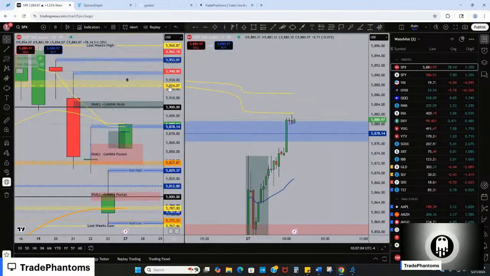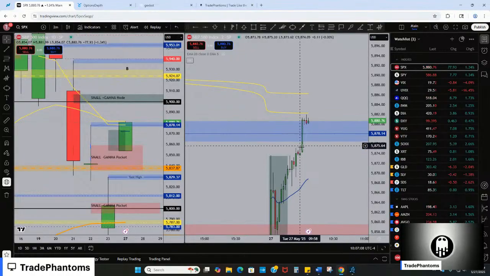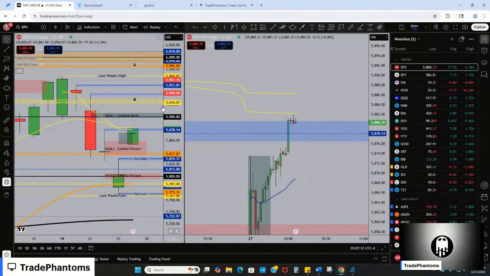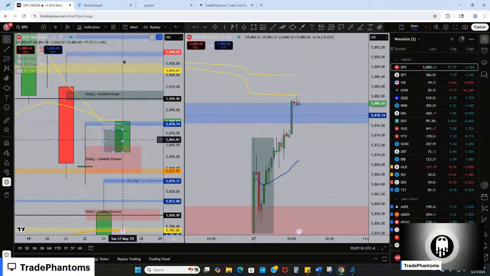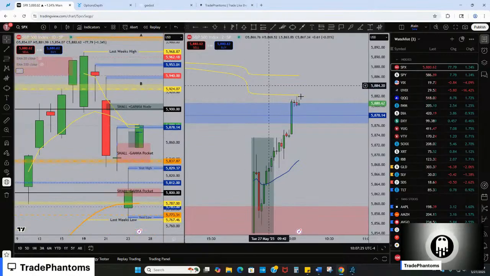All right, nice little pump, grab liquidity here, right above that daily high. I literally spoke about this yesterday, Monday, in the prep, about how if we gap up, we can target this area for some liquidity. We have some weekly VWAPs rebalancing.